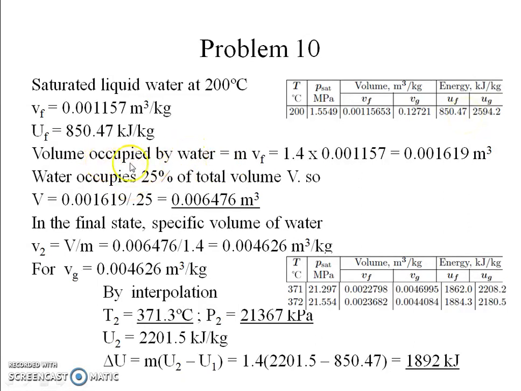Now let's see how much volume is occupied by the water. The specific volume is given in meter cube per kg, and we know that 1.4 kg of water is present in the container. If I multiply these two, we get the volume of the water, which comes out to be 0.001619 meter cube.